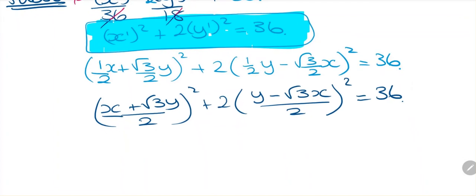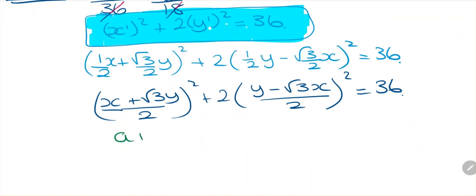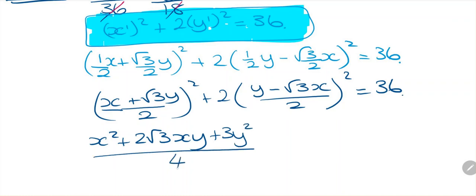Looking at the first one, this is a plus b squared, so we can multiply this through. Okay, so this is going to be x squared, plus 2ab, so plus 2 root 3 xy, and b squared is going to be plus 3y squared, and it's all over 4, because 2 squared is 4.